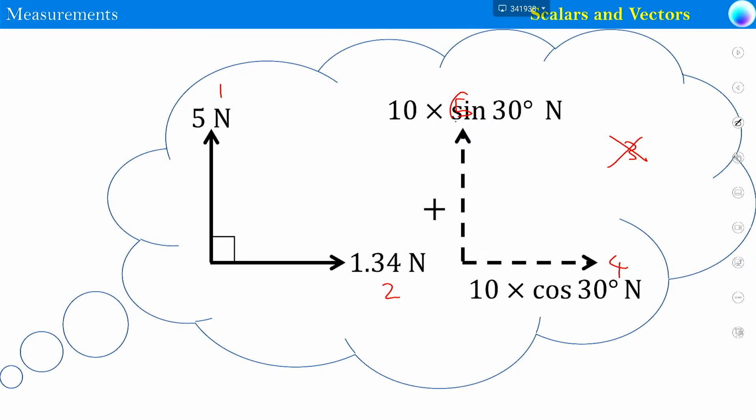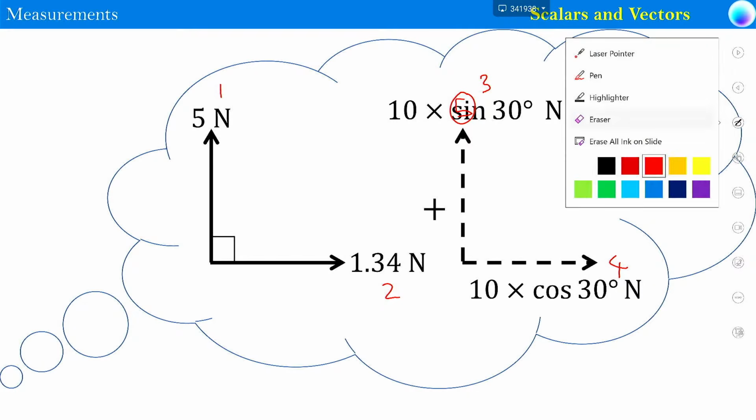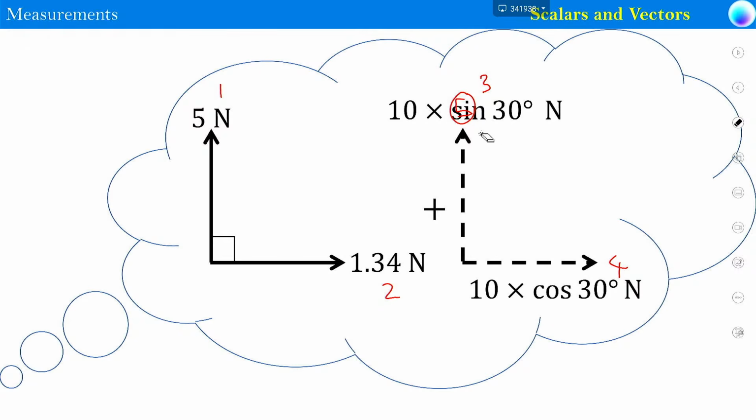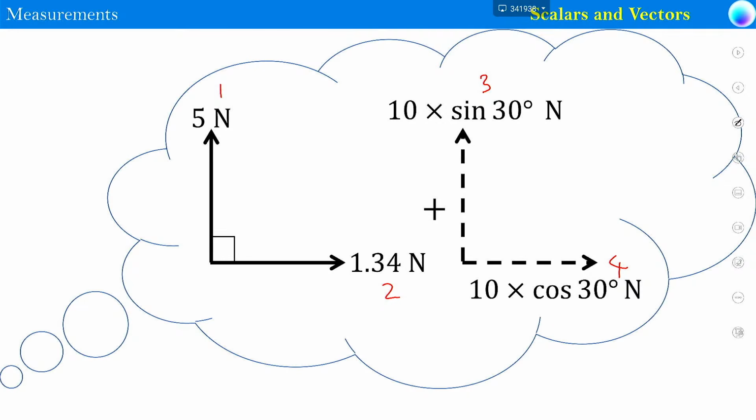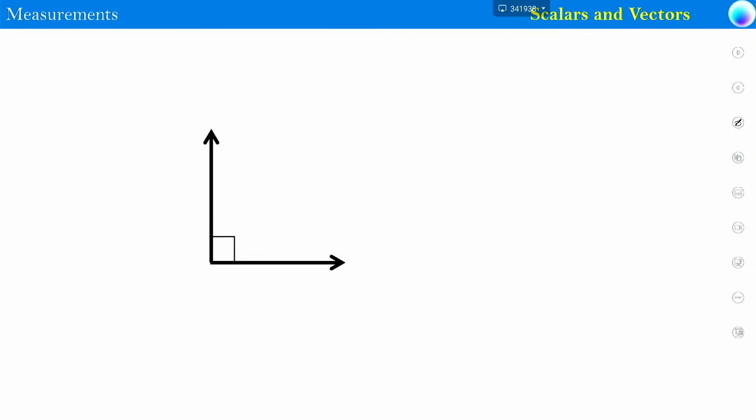The fifth one becomes the third one, so this is out. So we can take the horizontal vectors together and vertical vectors together.